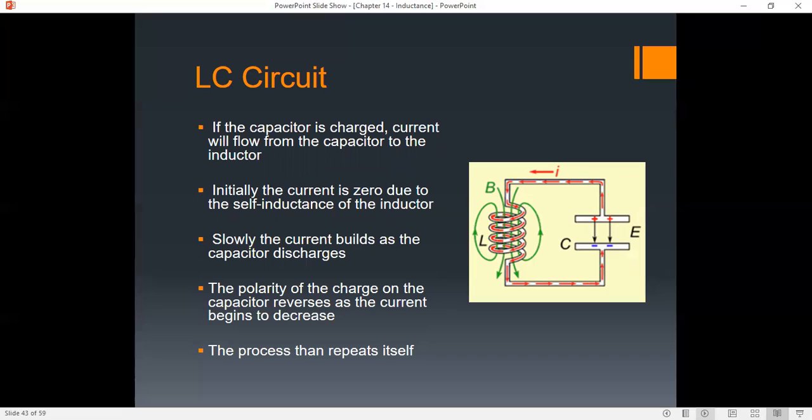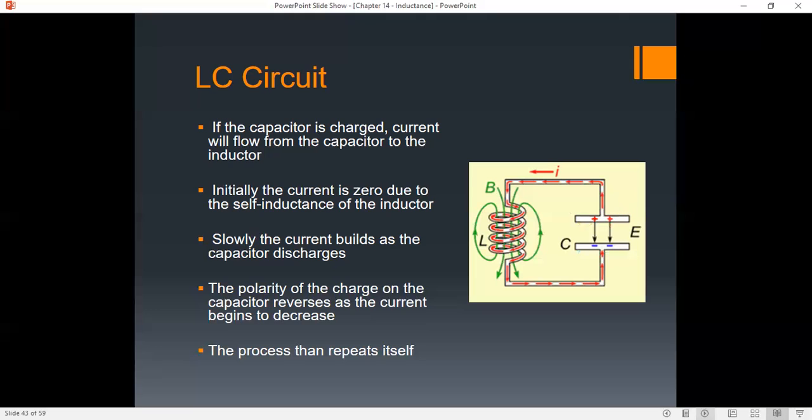But again, here we can sort of follow exactly where the energy is going. Okay, now let's say I have a charged capacitor. So I've got tons of positive charge over here, and I've got tons of negative charge over here. Okay, so completely charged it up.